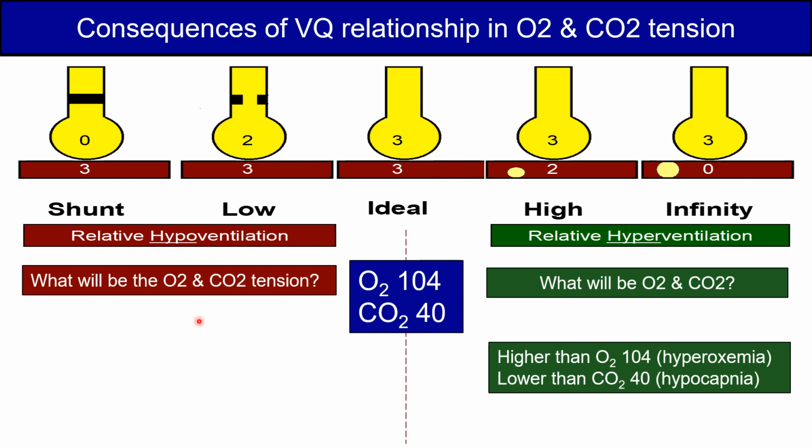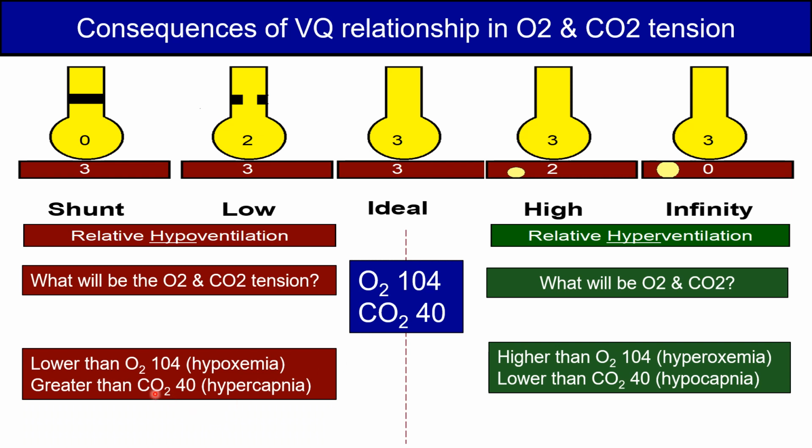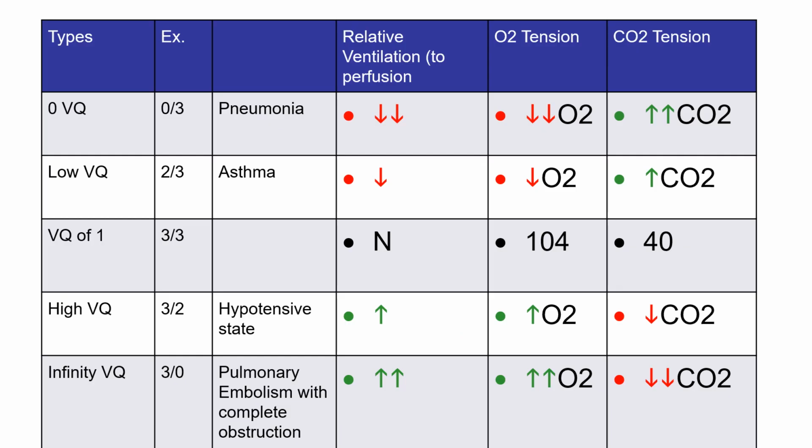What will happen to the O2 and CO2 tension? The lower the alveolar ventilation, the lower is the O2 tension, and the higher is the carbon dioxide tension. So those are the consequences of V/Q relationship on the O2 tension and CO2 tension in the alveoli and blood in the pulmonary capillaries.